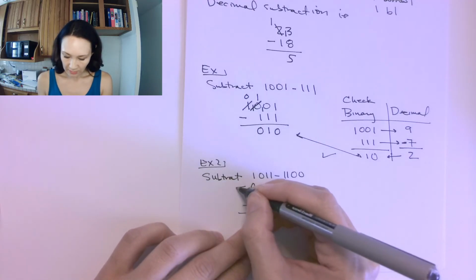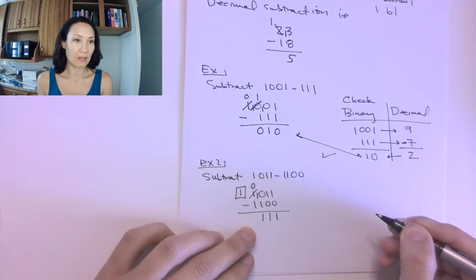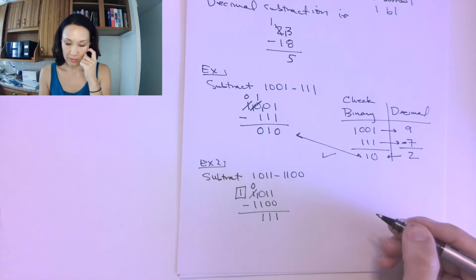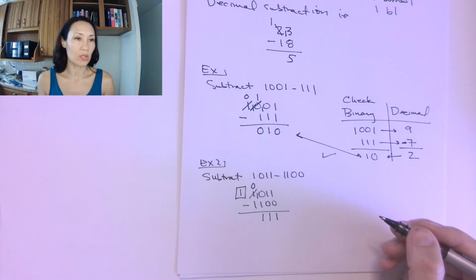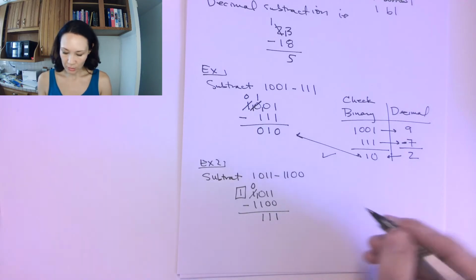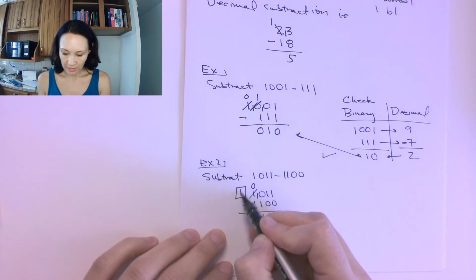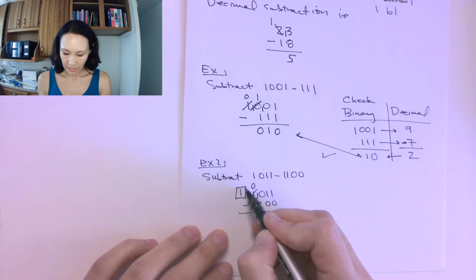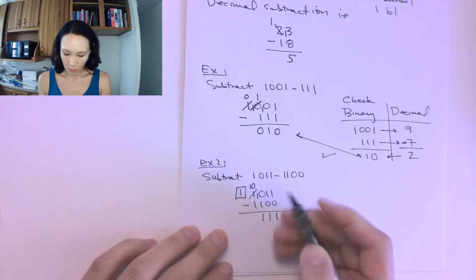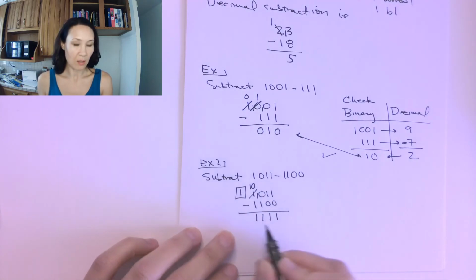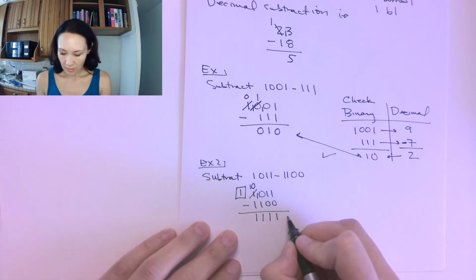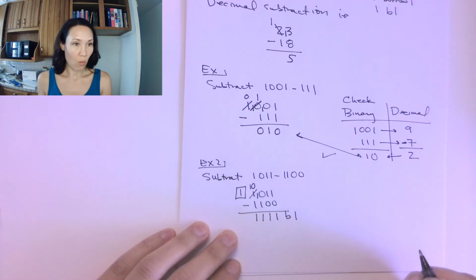So this is going to be kind of my extra borrow bit that I need to tell the user that I'm going to require in order to do this binary subtraction. So if I do borrow this bit, I'm going to cancel this out and make this a 1, 0. So this result ends up being 1, 1, 1, 1 with a borrow of 1.